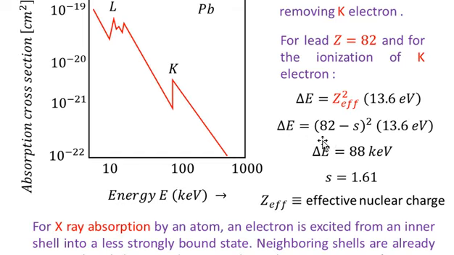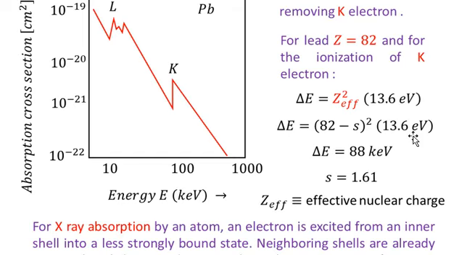But you know that delta E is given by the square of 82 minus S for lead, because for lead the value of capital Z is equal to 82, and S is the parameter related to the screening effect. So this is a screening parameter. So delta E can be written as the square of 82 minus S times 13.6 electron volt.